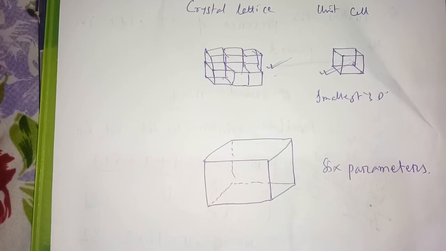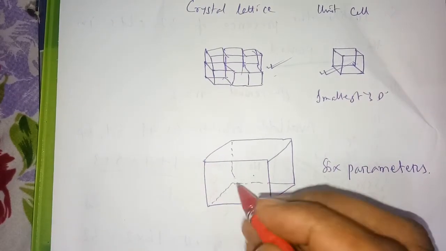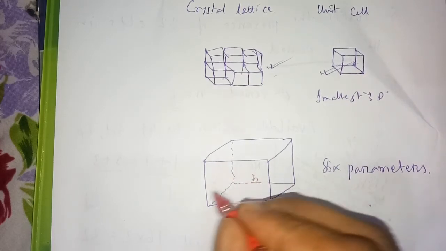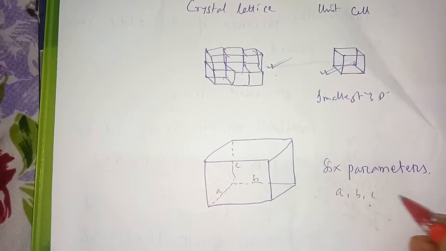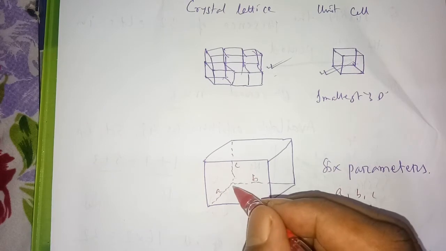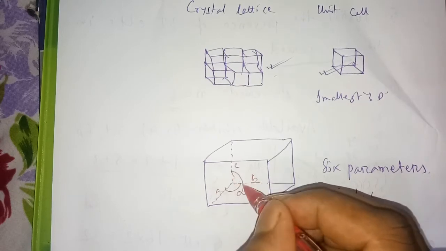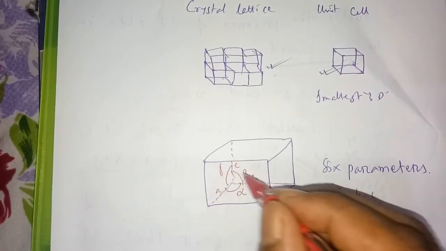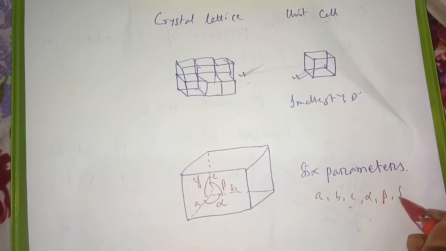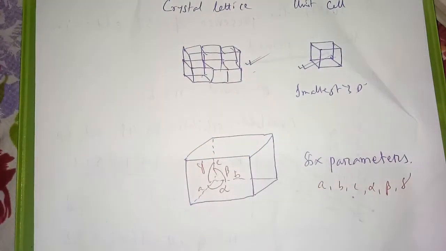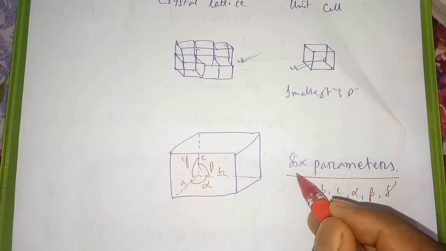For example, this one is your length, this is your breadth, this is your height. The 6 parameters are a, b, c: length, breadth, height. Now the angles between them: the angle between a and b, if you consider that one alpha, this one beta and this one gamma. The angles between them are your alpha, beta and gamma. These are the 6 parameters by which we can characterize a unit cell.